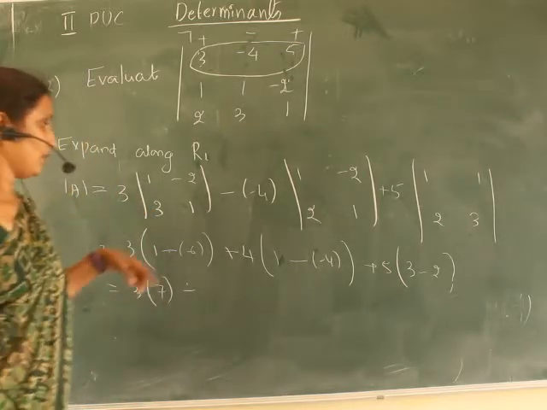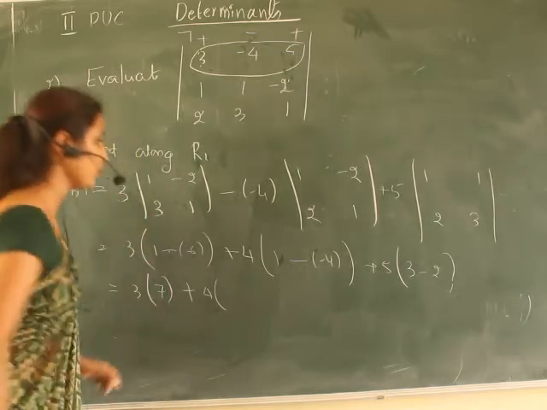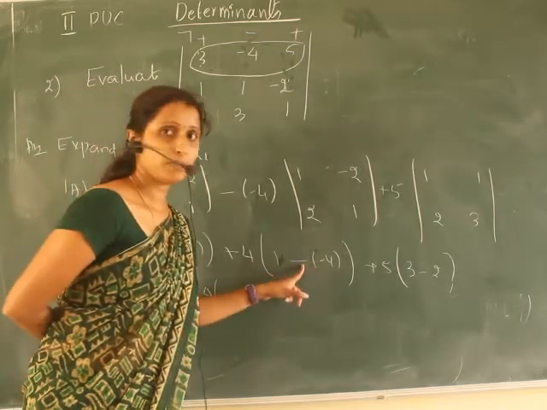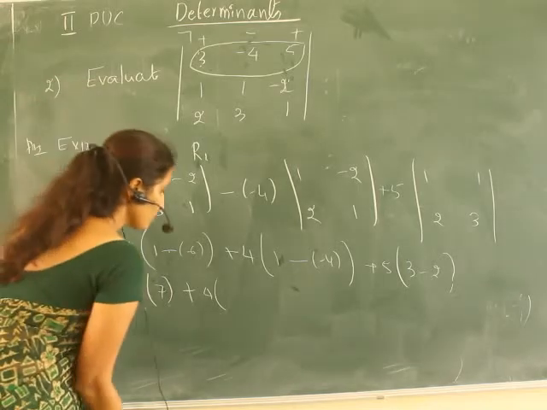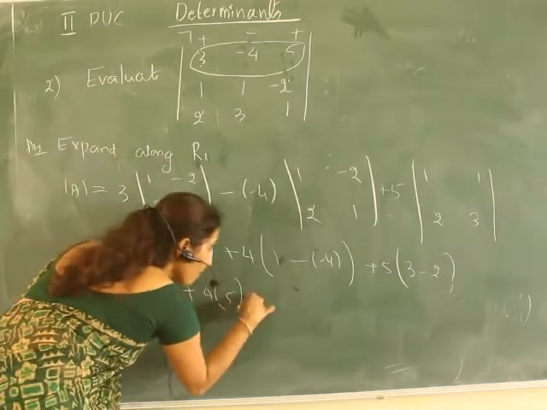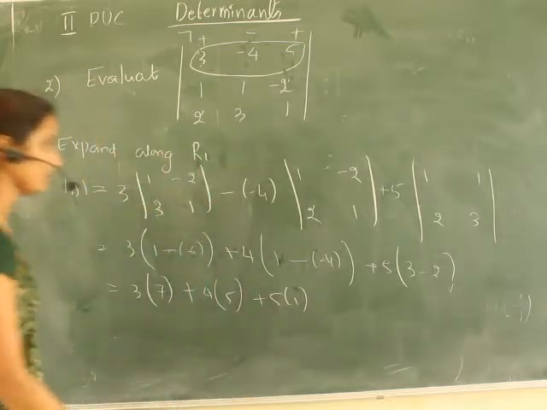Next 4 into, minus into minus plus, 4 into 4 plus 1 is 5, plus 5 into 1, 3 minus 2 is 1.